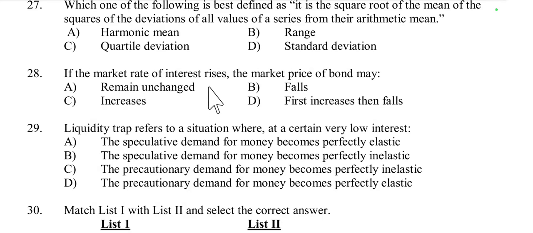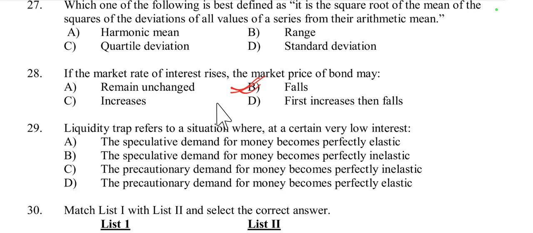So option B is right here, because existing bonds with a lower interest rate become less attractive compared to new bonds issued at the higher market rate, leading to a decrease in their market price. So option B is right.